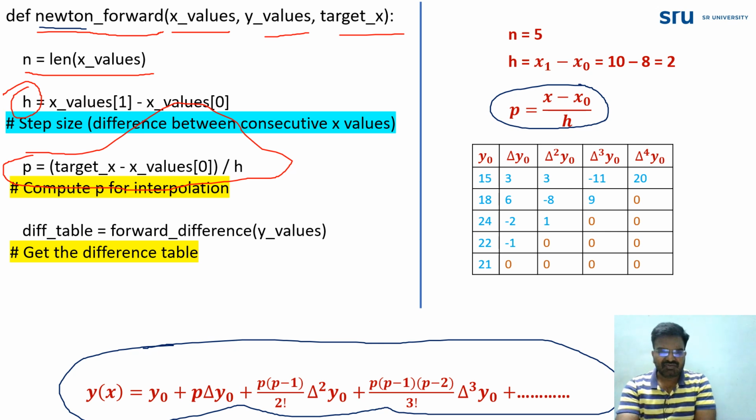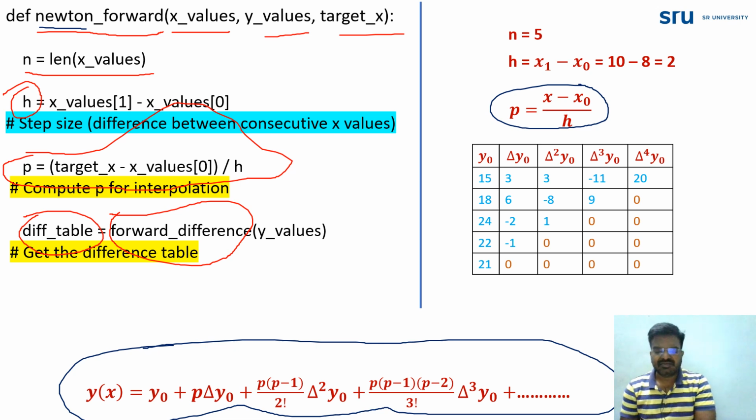In the previous part of the code, we generated the forward difference table with the name forward difference. Now we are saving that forward difference table with the name difference table. Whenever I need forward differences, I just call the table with this name, difference table.